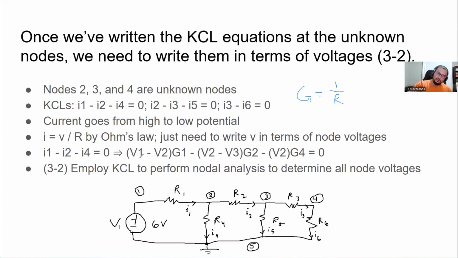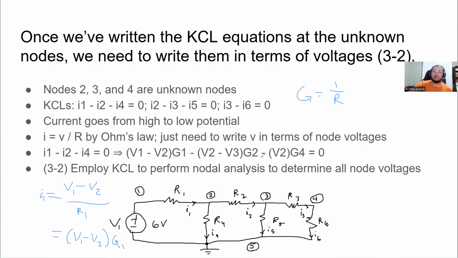So you can imagine this I1, just for example, is V1 minus V2 divided by R1. What I've done is replace that R1 with G1, so I just have V1 minus V2 times G1.